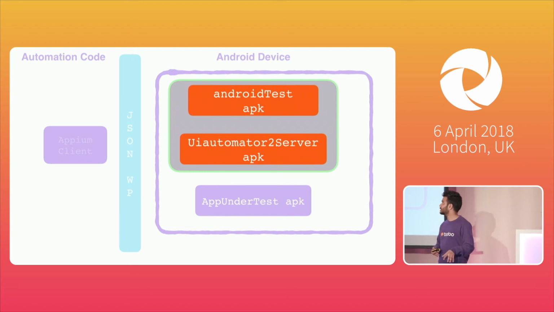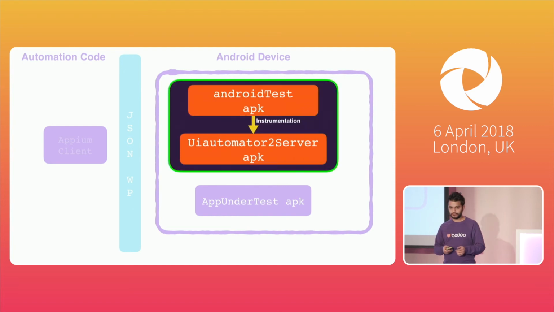And there's a reason behind it, because this test APK has just a single test, which has nothing but the code to start the server. And it's able to do it via instrumentation. Instrumentation is part of the Android support libraries, which provides hooks in the process of the application run, and the processes being instrumented run in the same process space, so they can access each other's context.